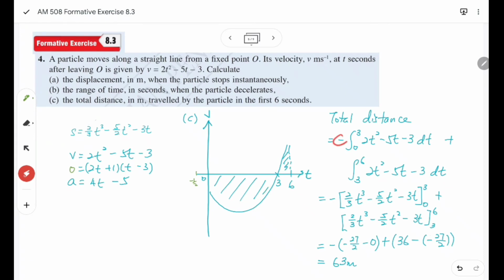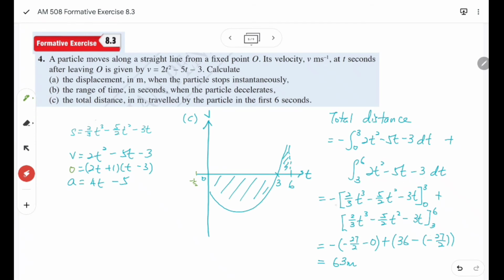So we will multiply by negative for the first part, the integral from 0 to 3 of v dt. And then from 3 to 6, this part is above the t-axis, and the integration is positive. Therefore, we just need to add the integration of the v function from 3 to 6.